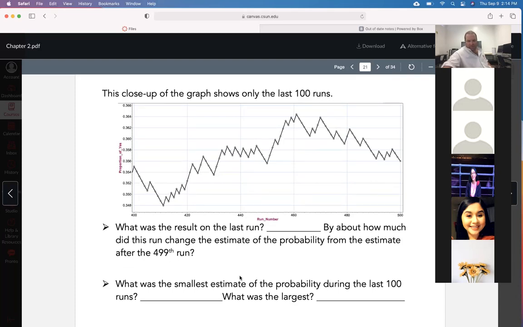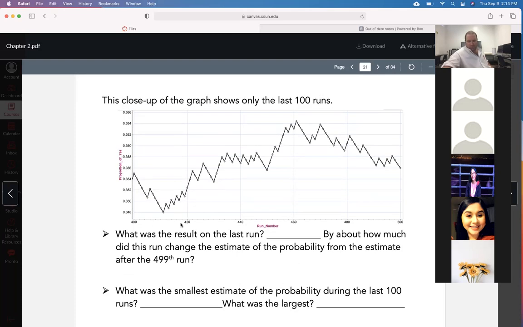What was the smallest estimate of the probability during the last 100 runs? In other words, if I could have stopped any time amongst the last 100, in hindsight, where would I have stopped that would have given me the lowest empirical probability? 0.348, right here. This is the lowest, which is still pretty close to 35%. This entire run of the last hundred doesn't vary by more than 0.348 to 0.364, so we're talking about approximately one hundredth.